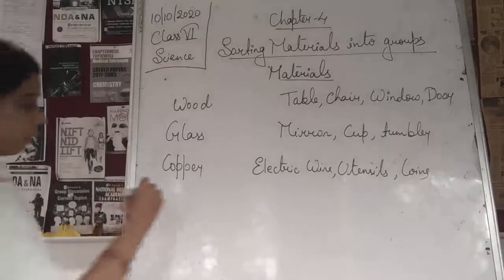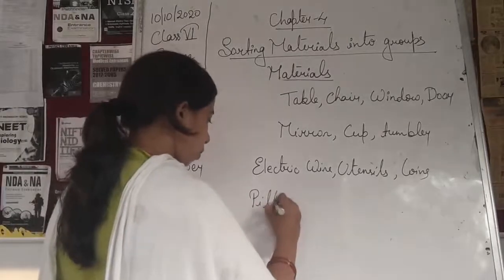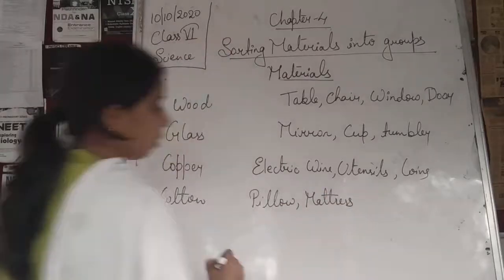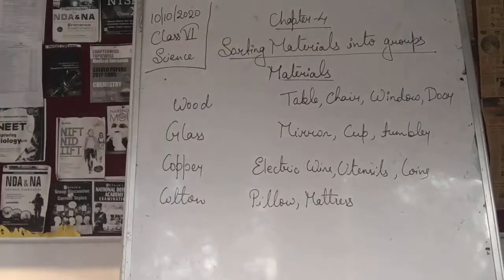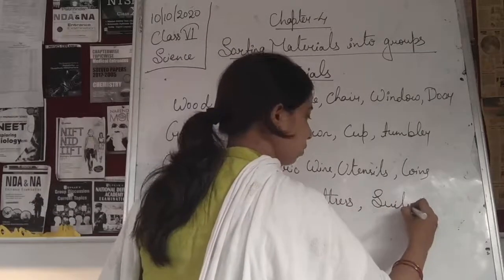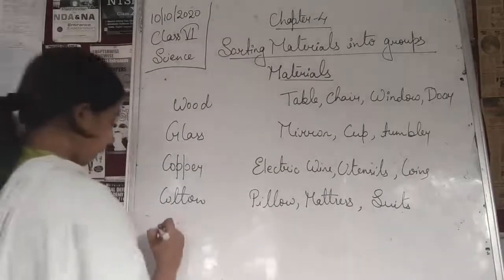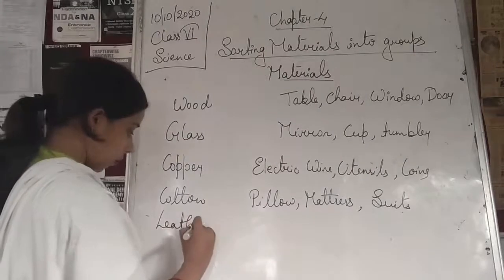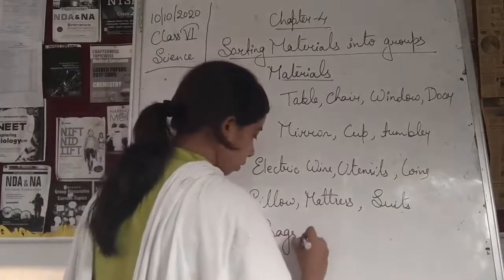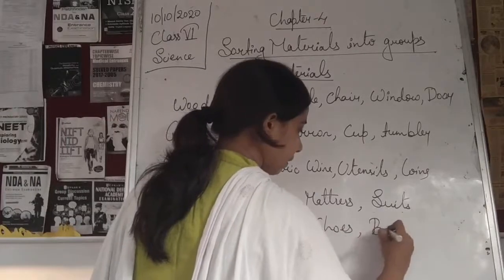Then cotton: pillow, mattresses, clothes, anything, suits you can say, or fabrics. Leather: bag, shoes, belts.